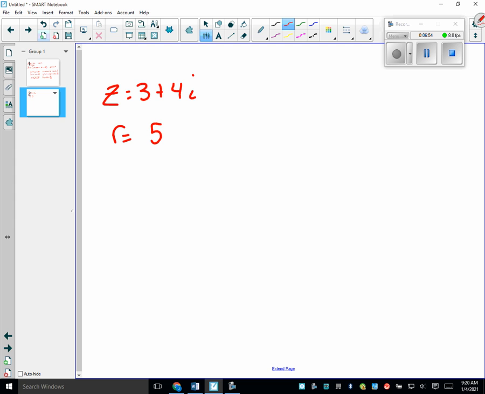What is theta? Is the tangent of theta equal to 4 over 3? So is theta equal to the arctangent of 4 over 3? Give you a minute to process that. Is it?